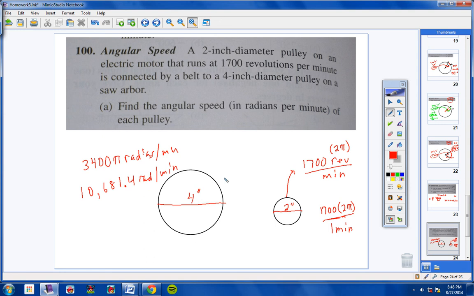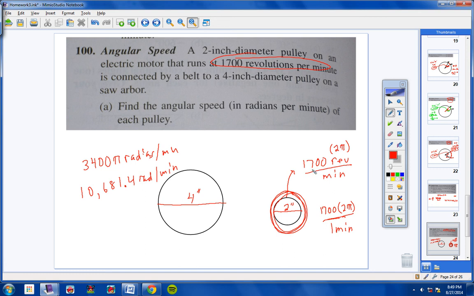Okay, so there, we did it. We took this small pulley that had a diameter of 2 inches, and we knew from the given up here that it was turning at a speed of 1,700 revolutions in 1 minute. So we knew we could quickly change that to angular speed because 1 revolution is 2 pi, and we have 1,700 revolutions.